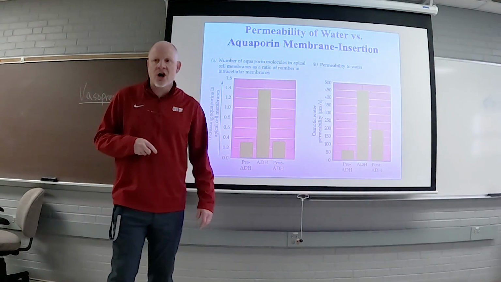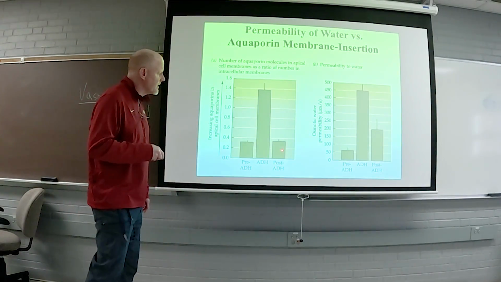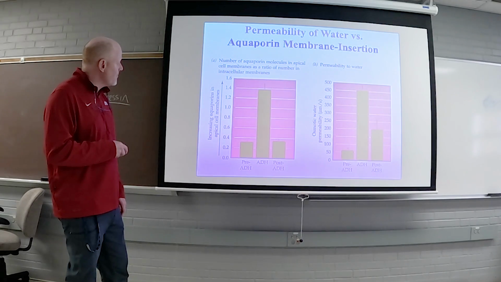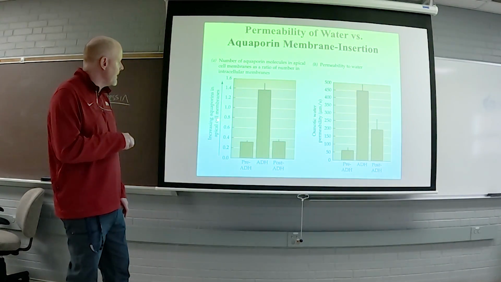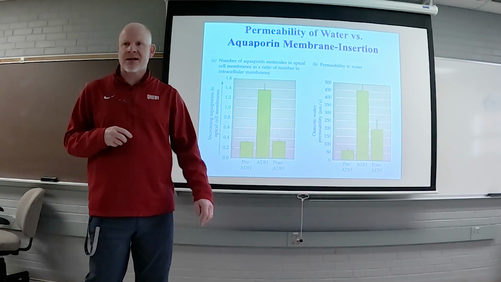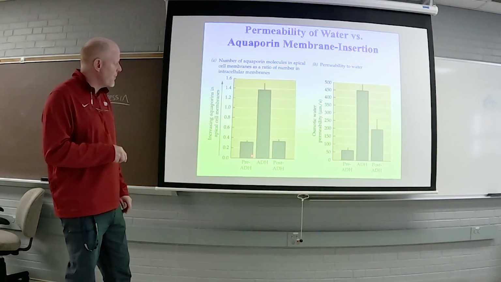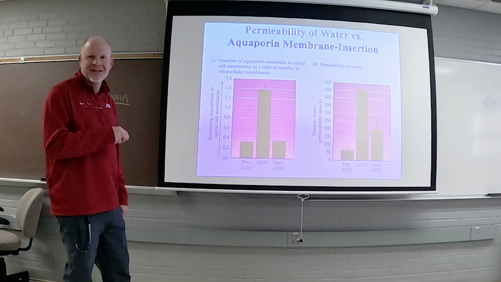Now, what does ADH cause to happen in the collecting ducts? And this is a cool little study that your textbook has that shows the number of aquaporins in the apical membranes of the epithelium that lines the collecting duct. And so notice pre-ADH, upon ADH injection, look at the number of aquaporins.